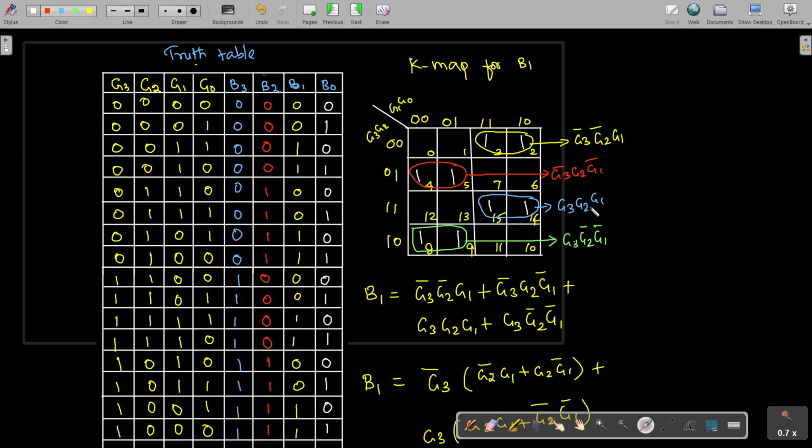Okay, so G3 G2 G1. And for the last loop it is 1 0 on this side, 0 0 0 1. That means G naught changes its value, so it won't be available. So this 1 0 represents G3 G2 bar, and here it is G1 bar, isn't it?